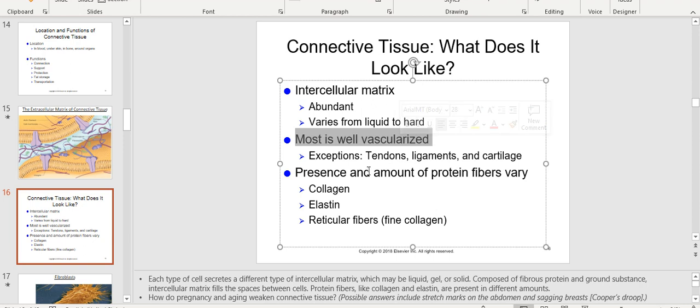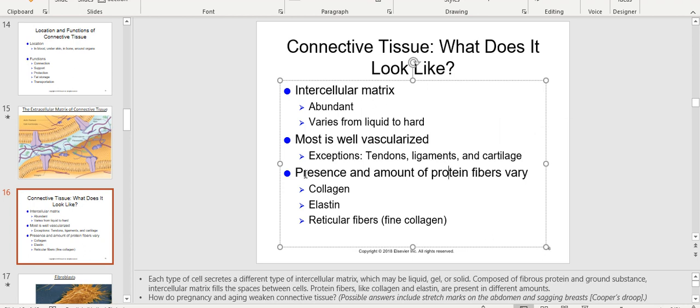Like you think that bone is a hard substance, right? It's like a table, it's not alive. But bone is alive. You will see blood vessels in there, and the bone is alive and moving and needs everything just like everything else. The tendons, ligaments, and cartilage are not vascularized.